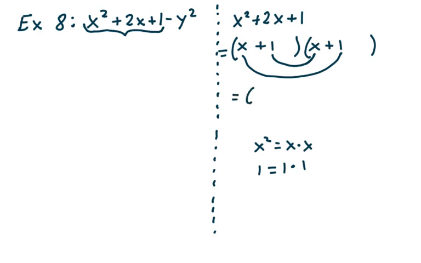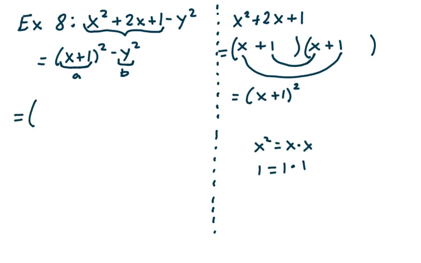Now, I could write this as x plus 1 raised to the second. And so on the next line, I get x plus 1 raised to the second minus y squared. Now, x plus 1 is basically a, and y is basically my b.